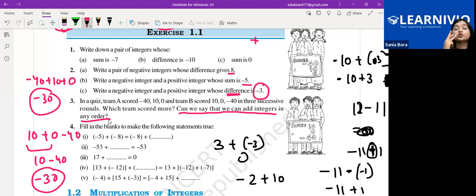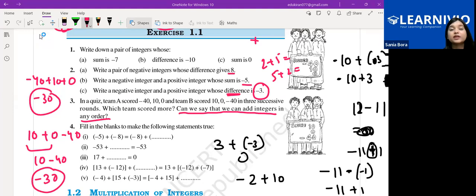There are three properties: closure, associative, and commutative. In which property do we talk about the place, that even if you write 2 plus 5, the answer would be the same even if it is 5 plus 2? Everybody check your notes and tell me. Checked it, Vikas, Minisha, Priyanka?